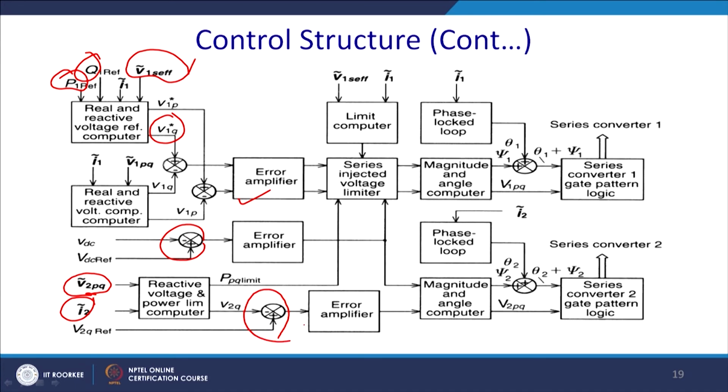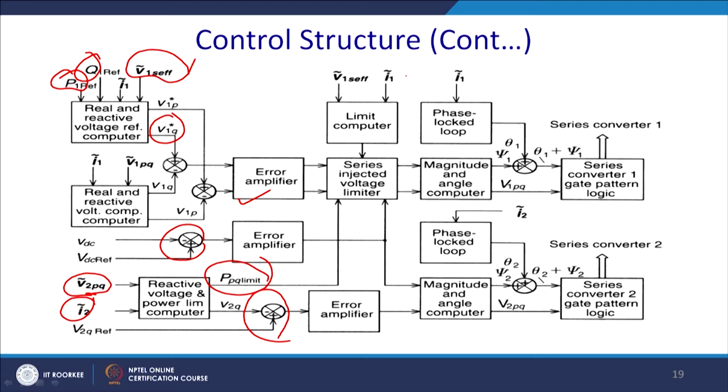Since it can inject, the second converter is independent to control the reactive power, so this logic will be the same. But for the real power, it is limited by the power handling capability, thus it will have a PQ limit, and that will be fed to the sense inject voltage limiter. So, essentially it will be fed to the PI controller.